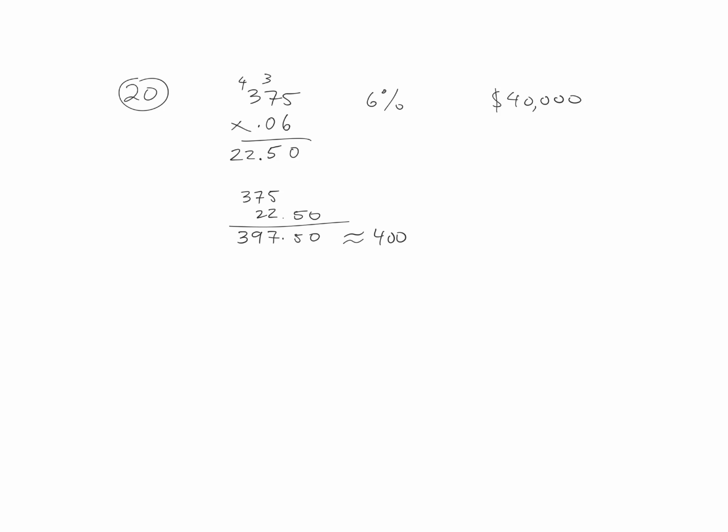And so if she can spend $40,000, we're going to divide that by $400 per computer, and the zeros cancel. 400 divided by 4 is 100 computers. But she's going to have a little bit of change because each computer doesn't cost $400, it only costs $397.50.